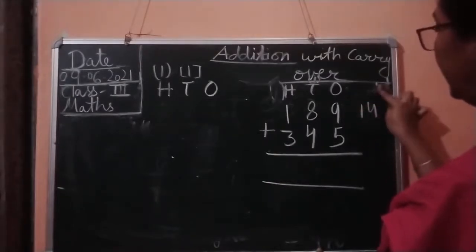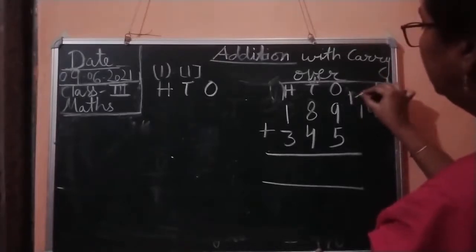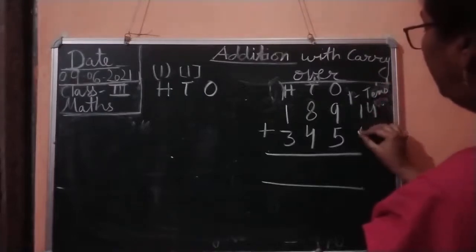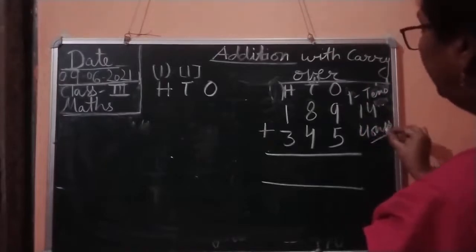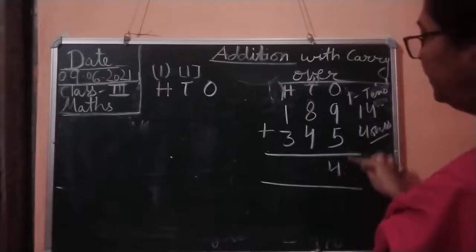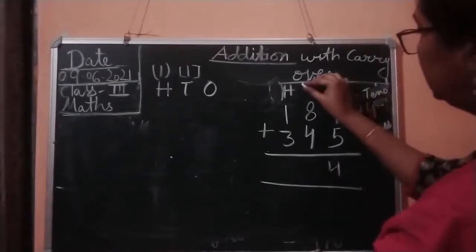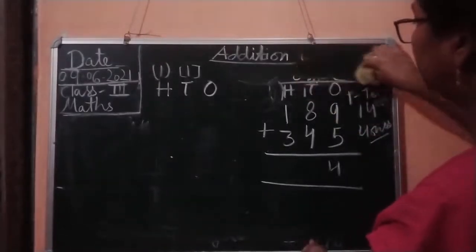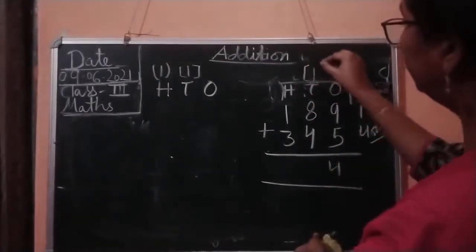So here we are getting 1 ten and 4 ones. Okay, 4 ones. So we will write 4 in the ones column. Now the 1 ten, we just carry over with the tens.